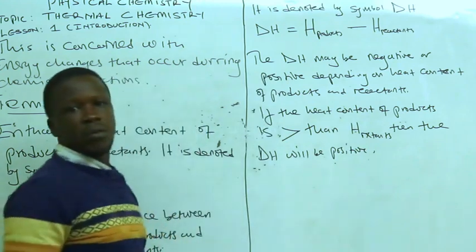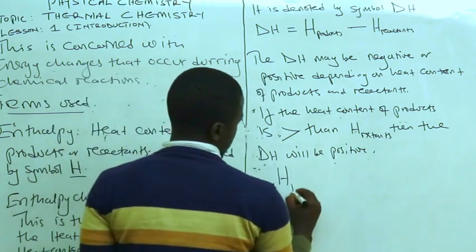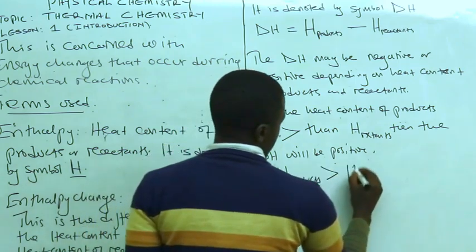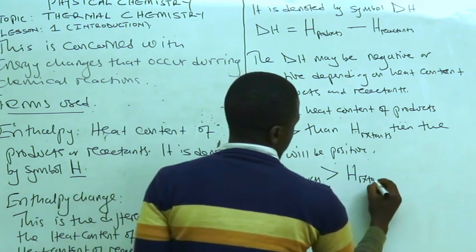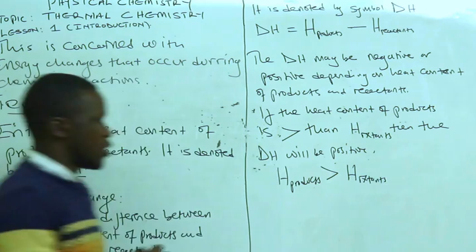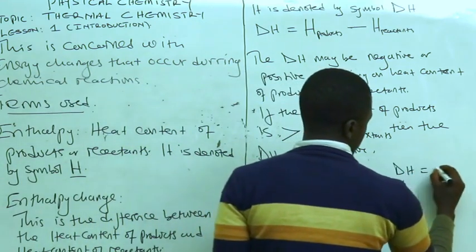If I can symbolize this: if H products is greater than H reactants, then the ΔH is going to be positive.